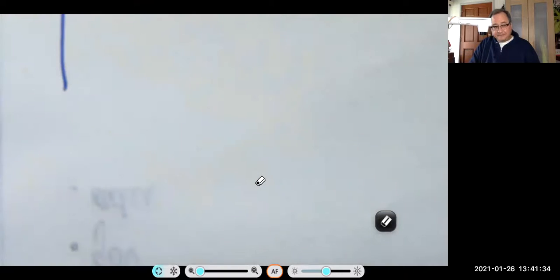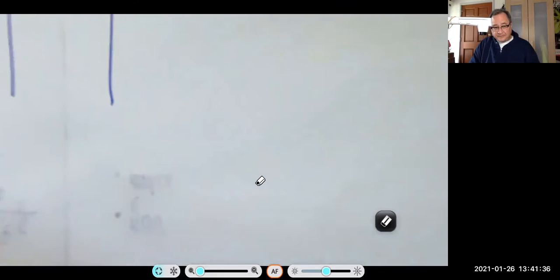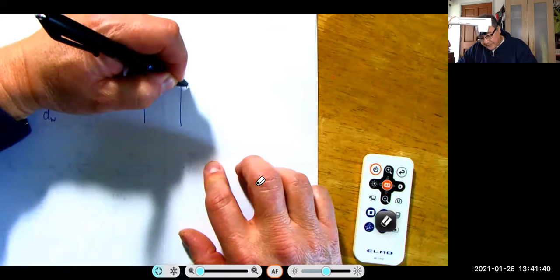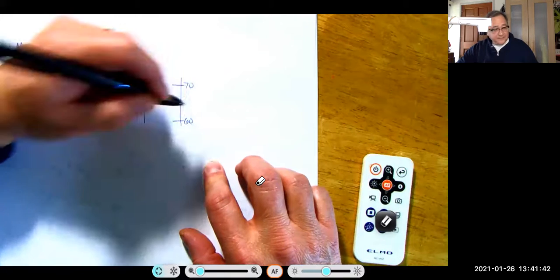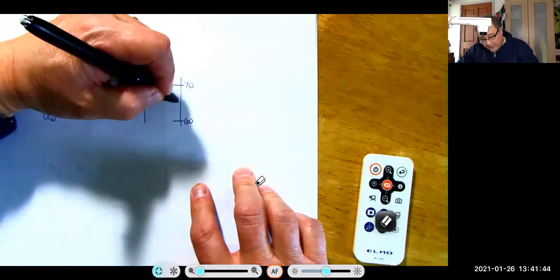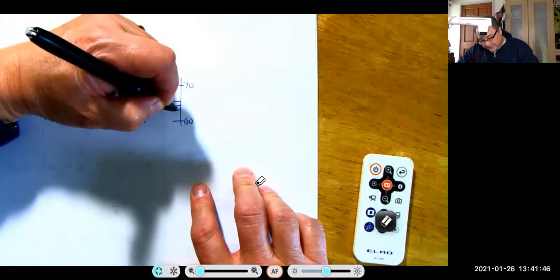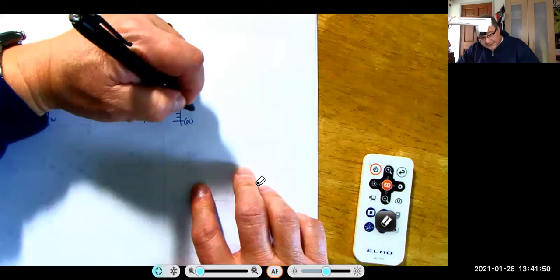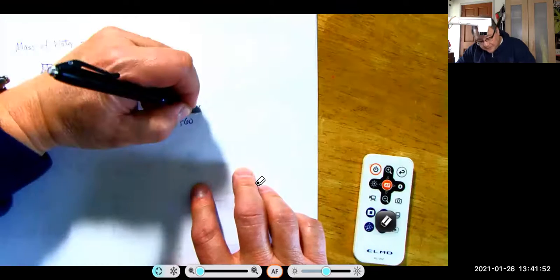The way you figure this out, and this is something we should learn in the measurements lab, is the following. If this is 70 and this is 60, and there are lines that look like this, that means that this line right above 60 is 61.